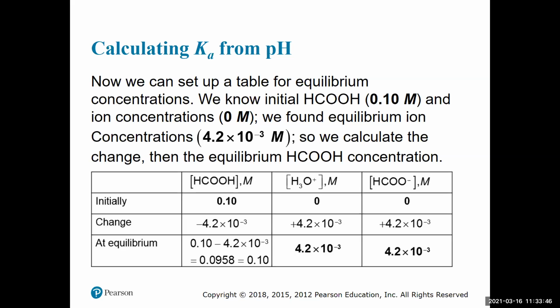And so we just did our calculation since we were given a measured pH value. We calculated back to tell us what the hydronium ion, the hydrogen ion, and the formate anion concentrations were. That's that 4.2 times 10 to the minus 3. So that's the amount that was formed. So that amount must have reacted with the formic. And so we take 0.10 minus 4.2 times 10 to the minus 3, and we get 0.0958.